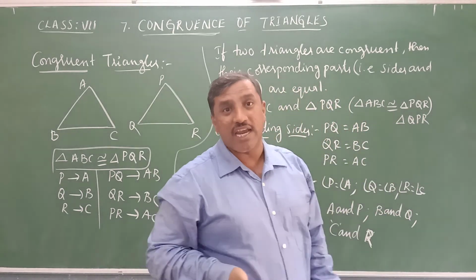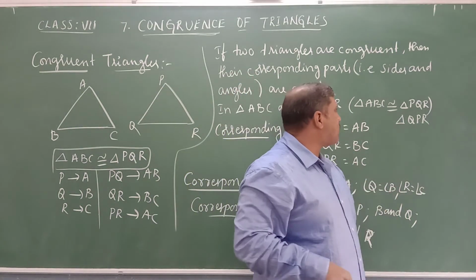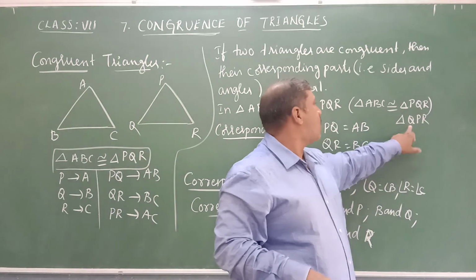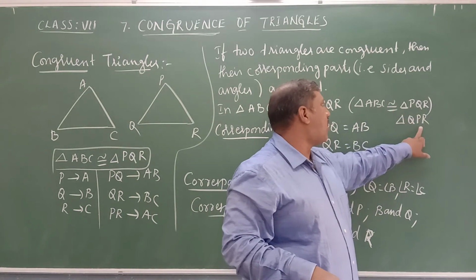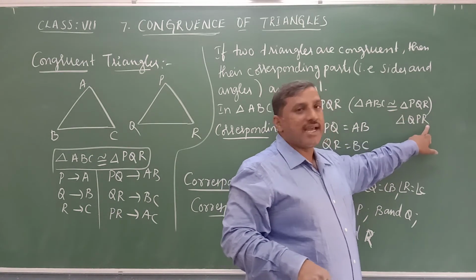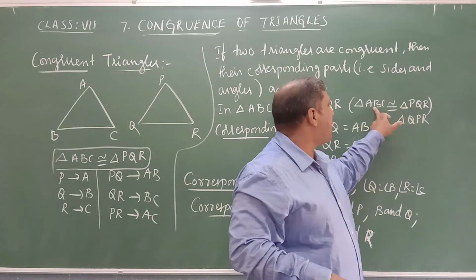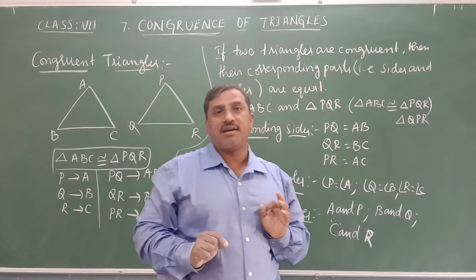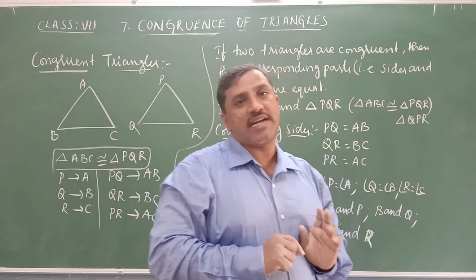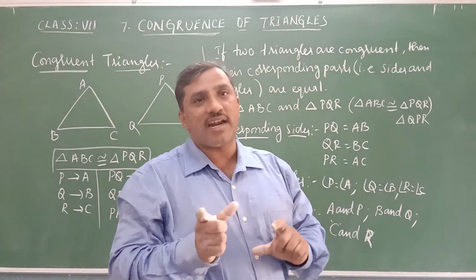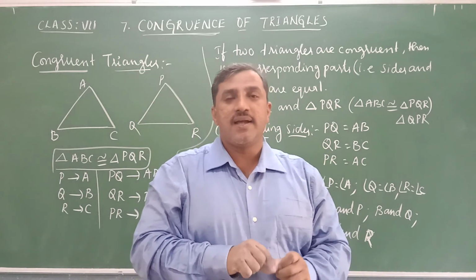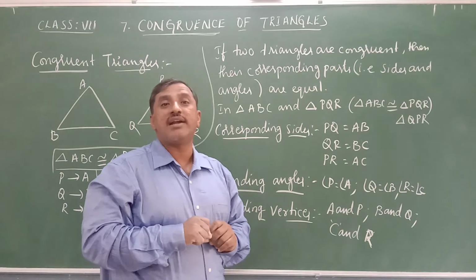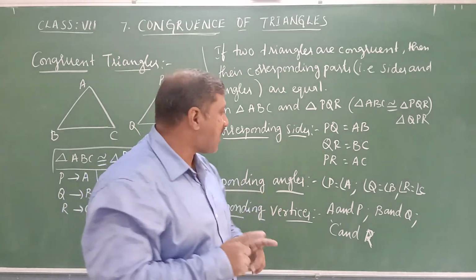If it were congruent to triangle QPR, then angle A would equal angle Q, angle B would equal angle P, and angle C would equal angle R. So the order is very much important. While writing congruent triangles, that proper order is known as correspondence.